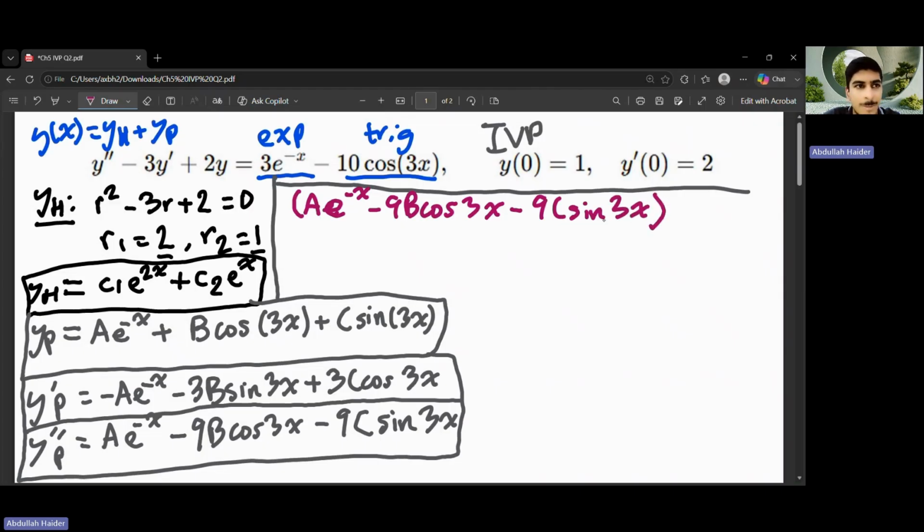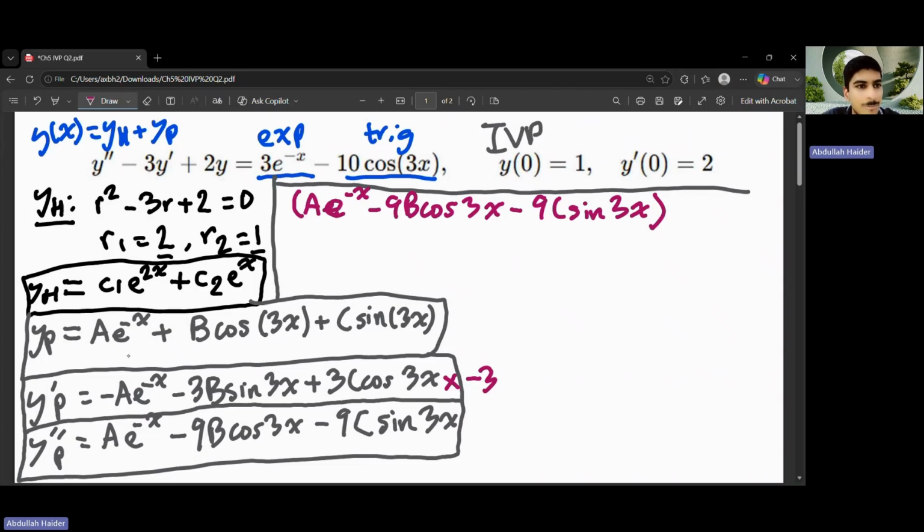This is our y double prime. Now, to avoid mess and congestion all over here, I'll multiply by negative 3 so that you can have something really neat and tidy.